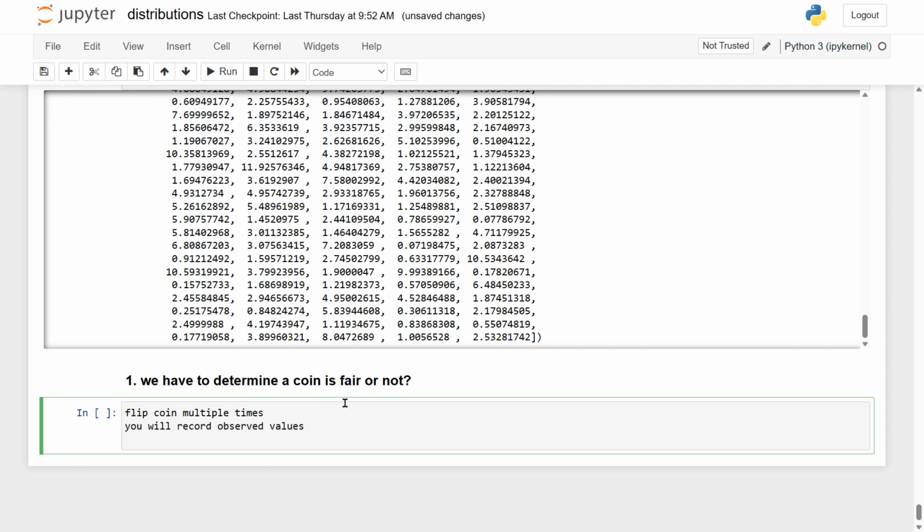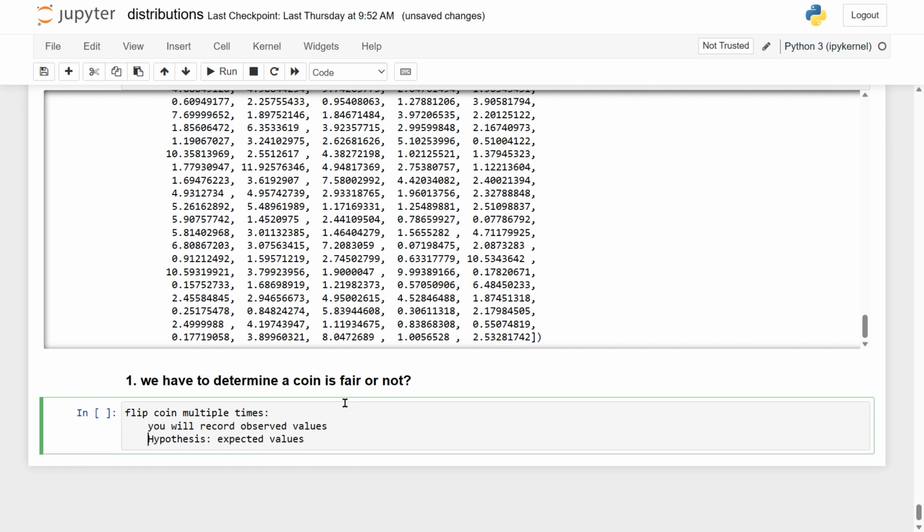Obviously, you have thought something, so you will have some hypothesis with you. Your hypothesis would be maybe getting heads more times or tails more times. Then you'll have the expected values also. So now you have observed values, and you also have a hypothesis, that's the expected values.